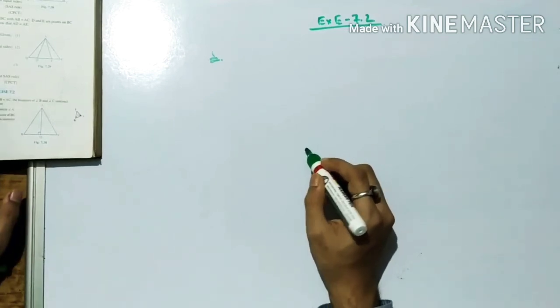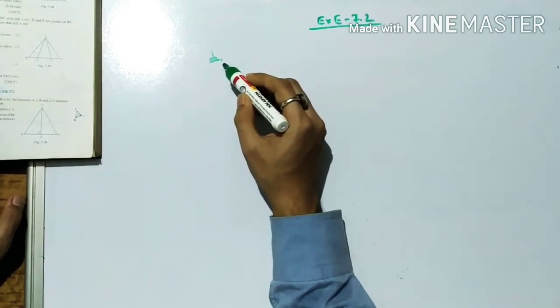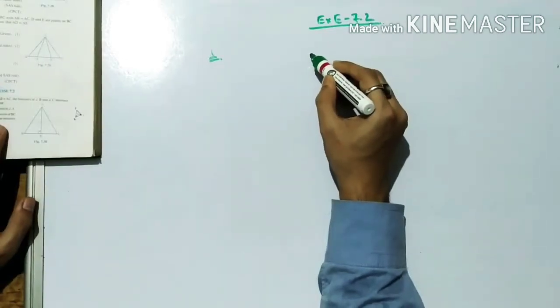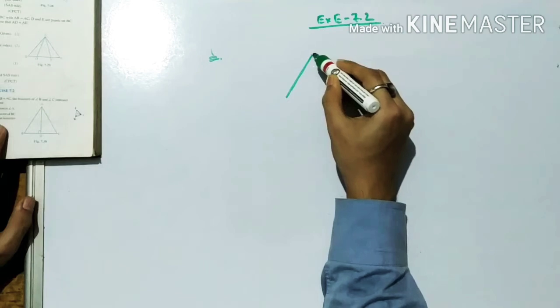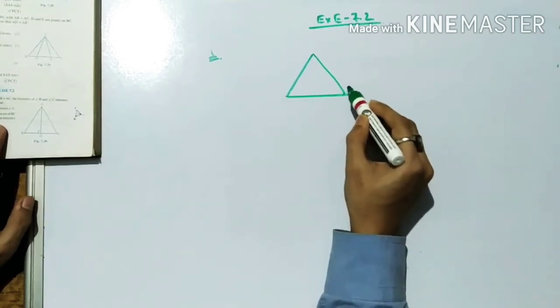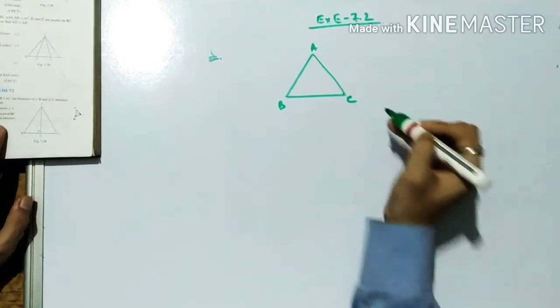So first of all, in exercise 7.2 question number 1, it is given, in an isosceles triangle ABC. That means first of all I will have to draw an isosceles triangle. Let this be an isosceles triangle ABC.